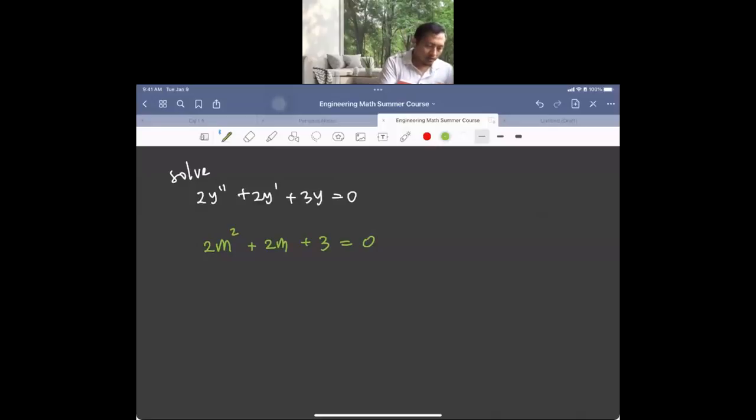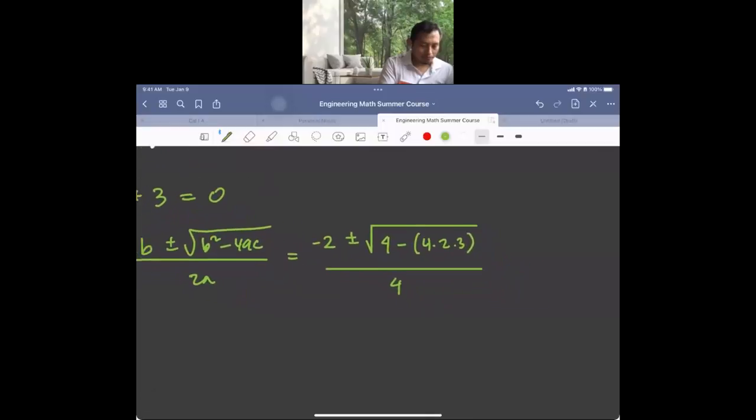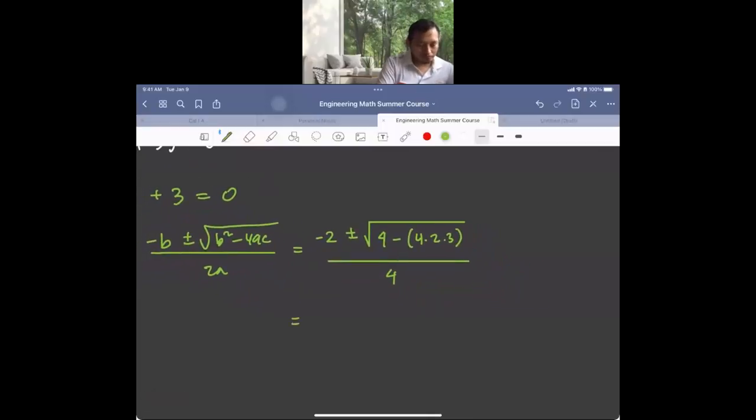Okay, if you feel confused on how to find the roots, you can just go through the formula. So let me just write minus b plus minus square root of b squared minus 4ac divided by 2a. This will be 4 minus 4 times 2 times 3.